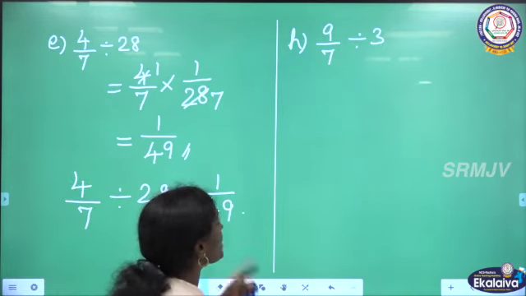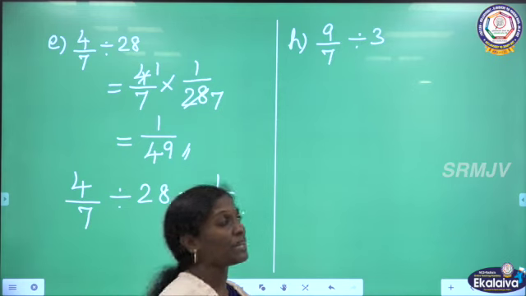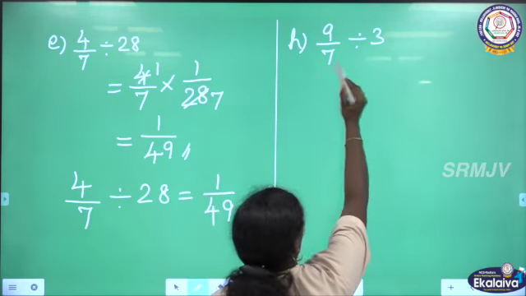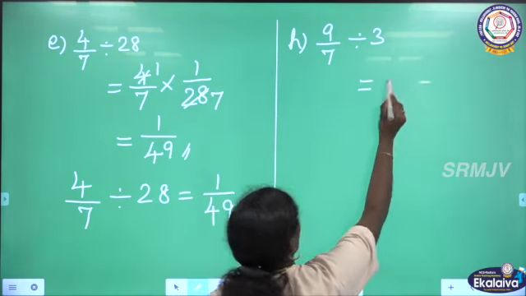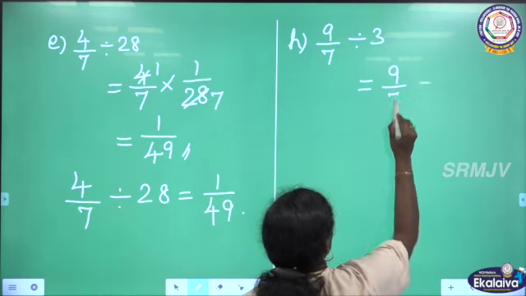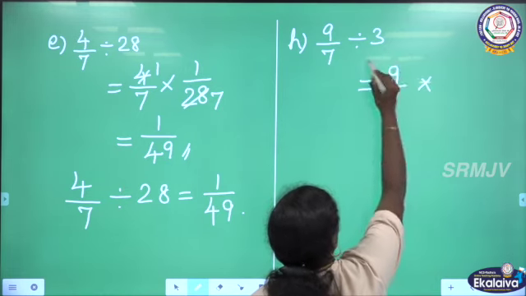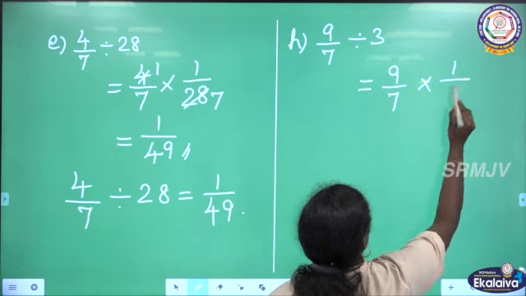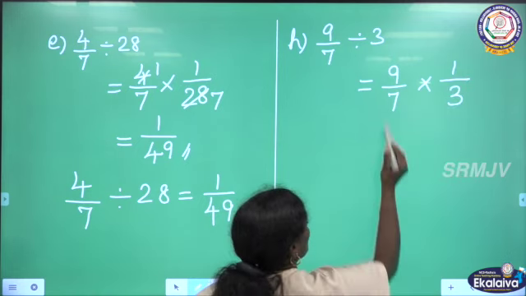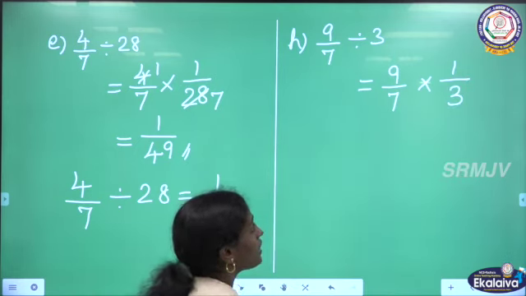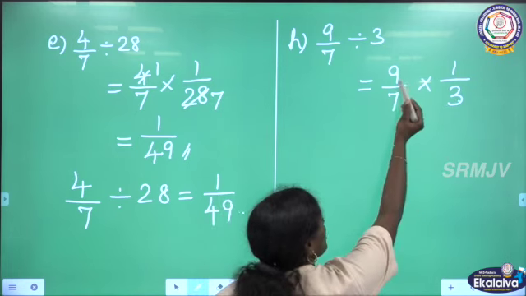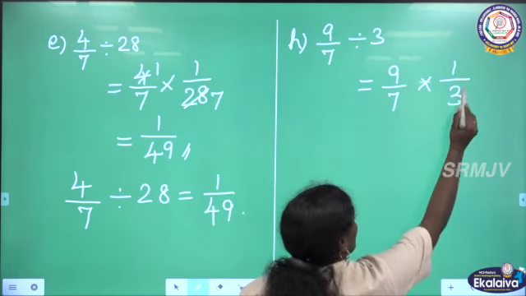Then next question, 9 by 7 divided by 3. To divide the fraction by 3, we are going to multiply the fraction 9 by 7 by the reciprocal of 3. Reciprocal of 3 is 1 by 3. Now we have to check. We can reduce the numbers 3 and 9 in 3 table.